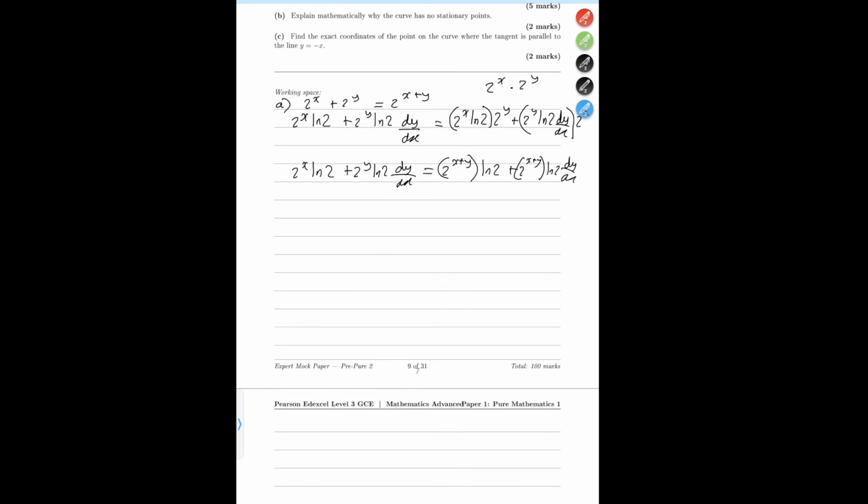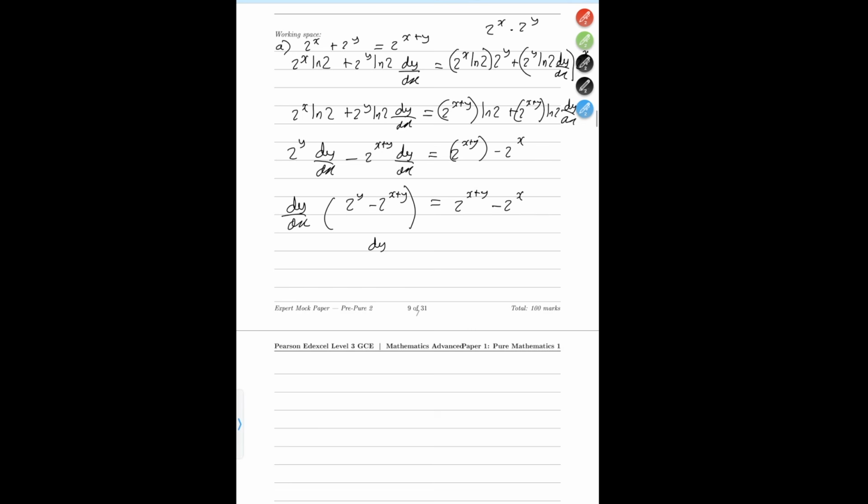So 2^y dy/dx minus 2^(x+y) dy/dx equals 2^(x+y) minus 2^x. So I have gotten rid of the ln's. Let's factorize out dy/dx to get 2^y minus 2^(x+y) equals 2^(x+y) minus 2^x.